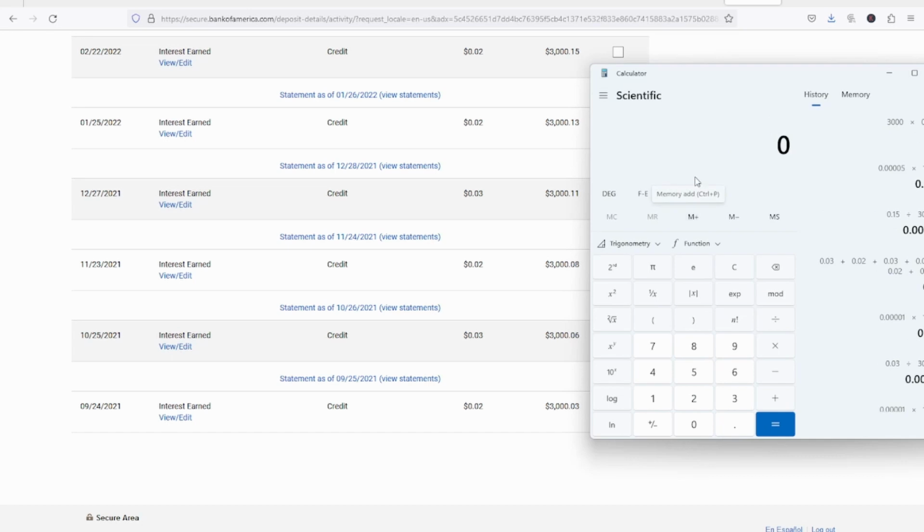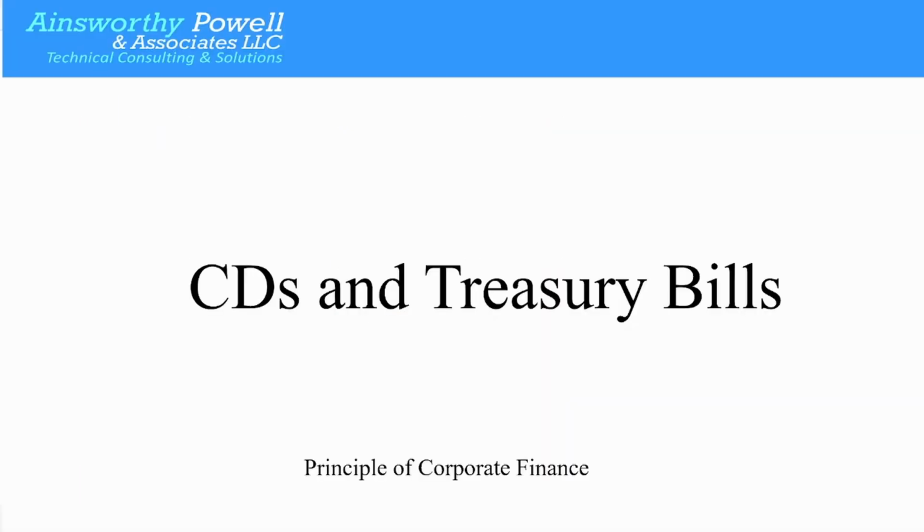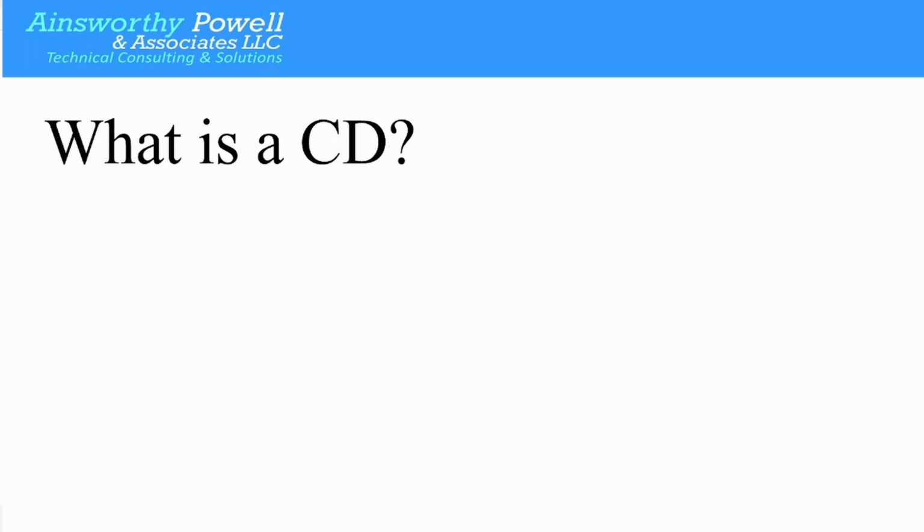So rather than 0% on our savings, how can we get better returns using CDs and Treasury bills? Okay, so here's what we're saying about CDs and Treasury bills. First question we want to answer, what is a CD? And we said a CD is short for certificate of deposit.